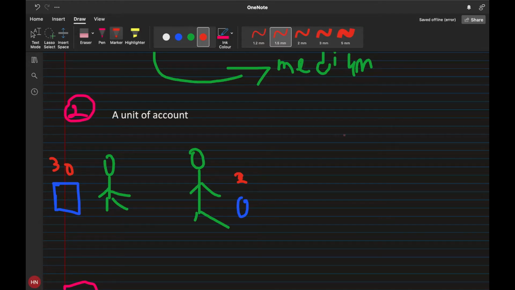So 30 is the price of this box, and, let me just draw this properly, 2 is the price of this ball here, right? And so we can say that this box is probably more valuable as compared to this ball, because the price of this box is higher than the ball itself.